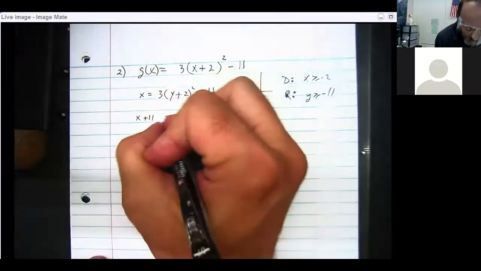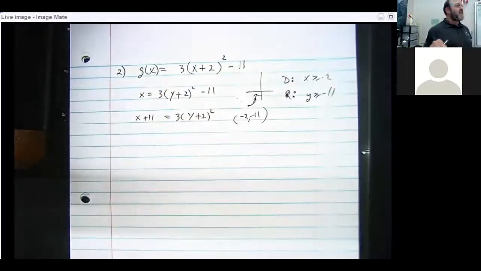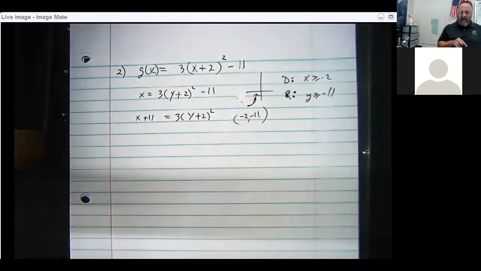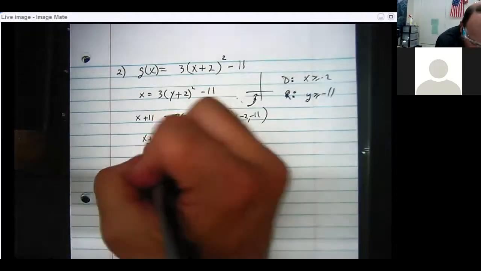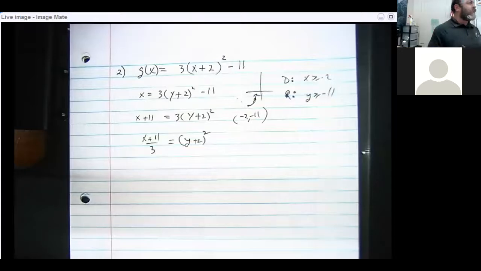Okay, we're going to move that 11 across. Good. Be really, really careful. There's a -11, so what's going to happen? Plus 11. Mr. Beeman, what's going to happen next? Let's do that. X plus 11 over 3. Do you see how a little bit at a time we're getting closer and closer and closer to y being all by itself?